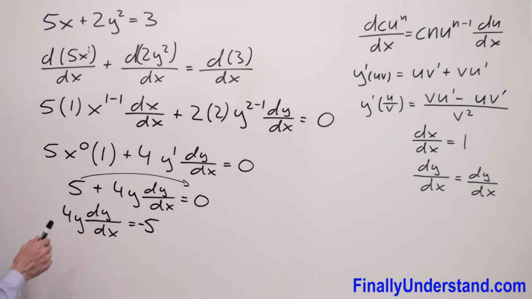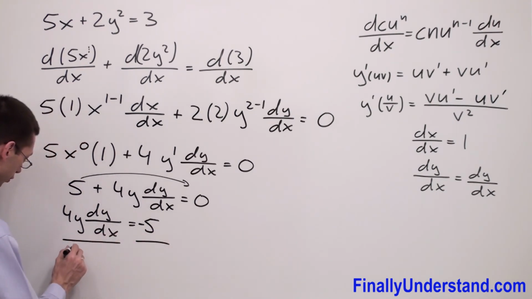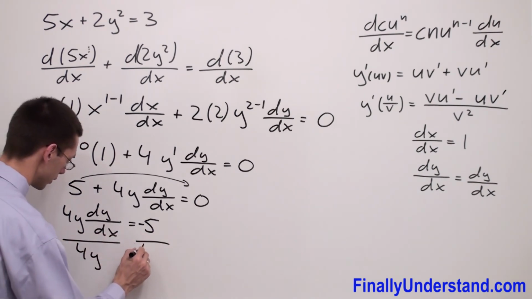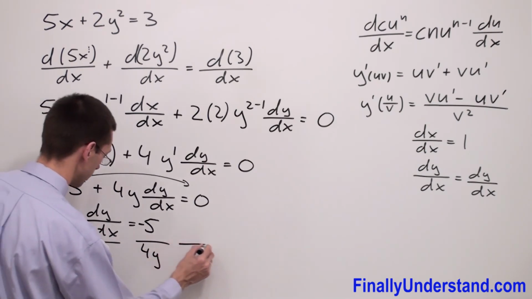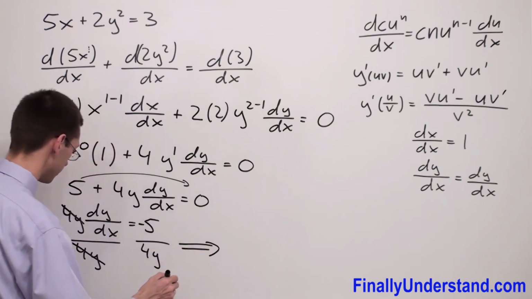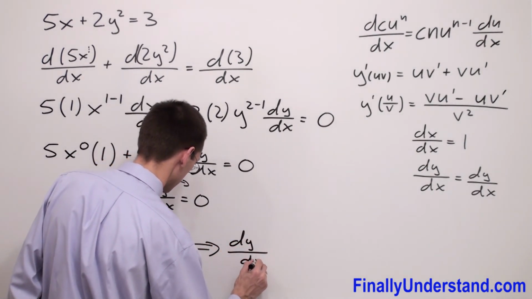Okay, so in order to solve this equation for dy over dx, I have to divide both sides of my equation by 4y. So 4y and 4y will cancel out, and I will end up with the derivative of y with respect to x.